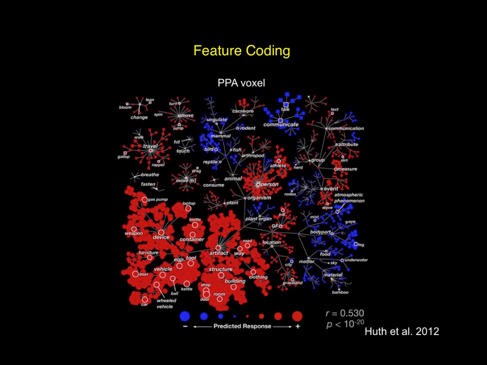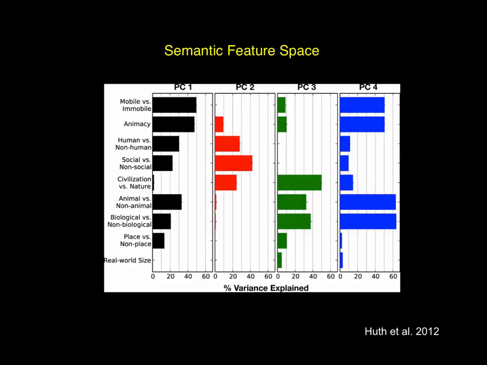So in addition to just reproducing these more simplistic results, they also are able to look at how, when you run a principal components analysis on the feature space, different types of features are loading on different principal components. So the first one's really heavily loading on whether or not something is alive or not.